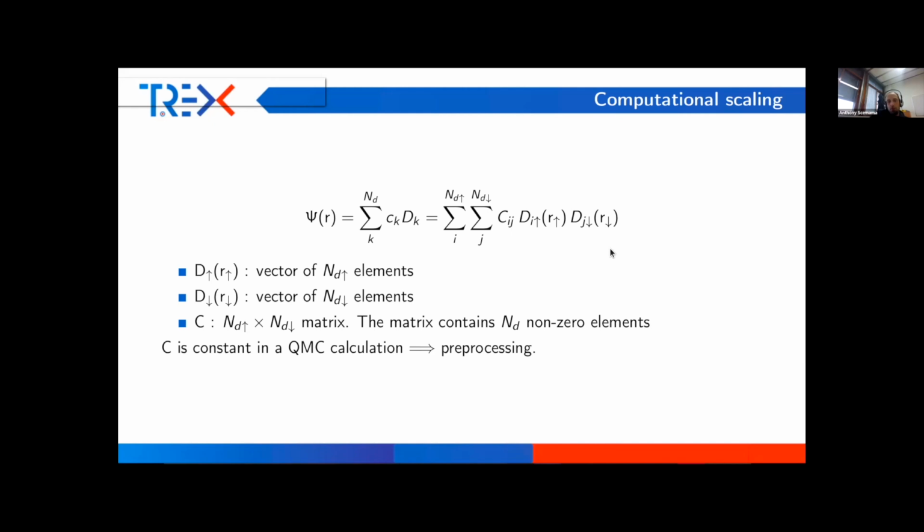In all the codes you can always specify that you have twice the number of orbitals. You can concatenate the alpha and beta orbitals, and then you can say that the first determinant you fill with the first orbitals, and the next one with the other orbitals. So there is normally no restriction in any QMC code about this.